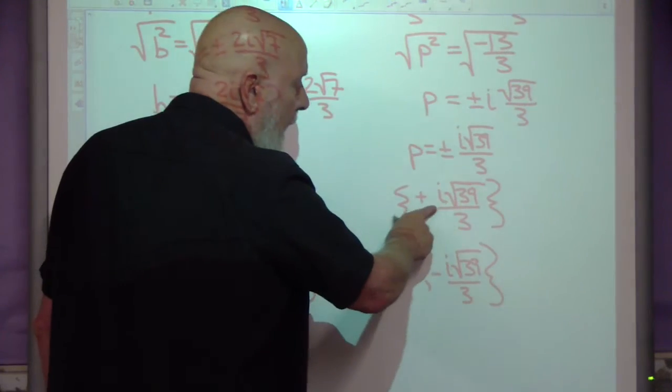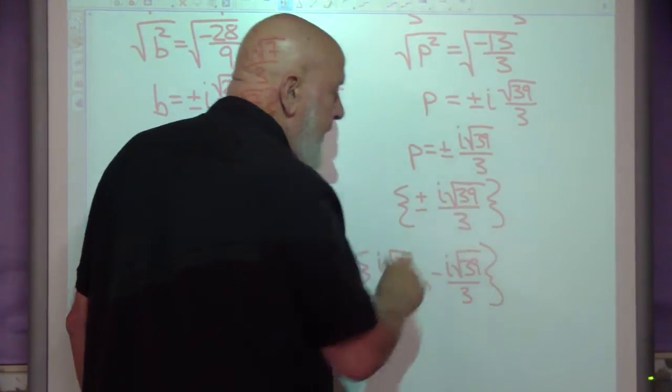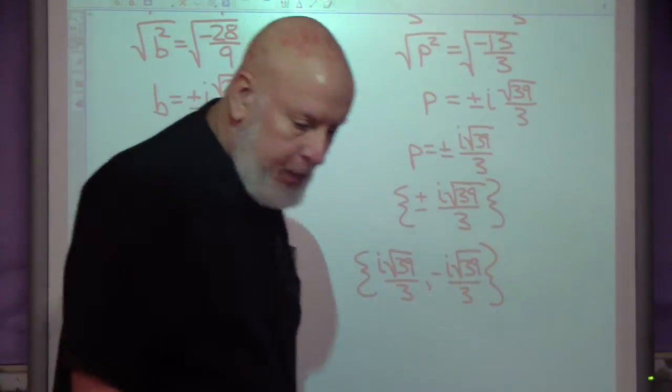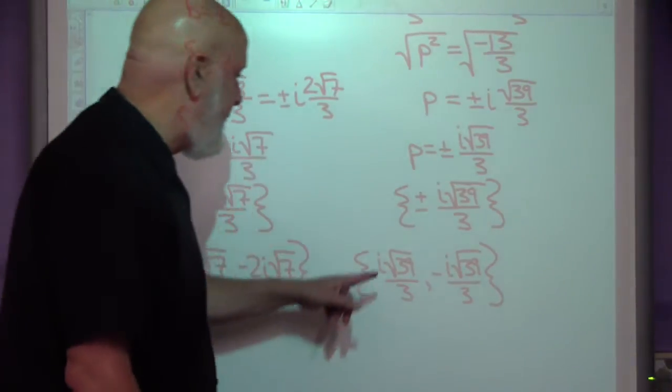And you could also stick the i out to the side if you wanted to, or out to this side. But usually it's written like that. And I believe, yeah, I already checked it, and those are correct.